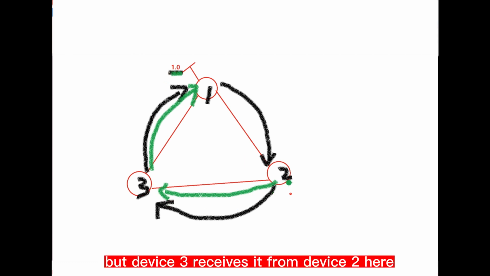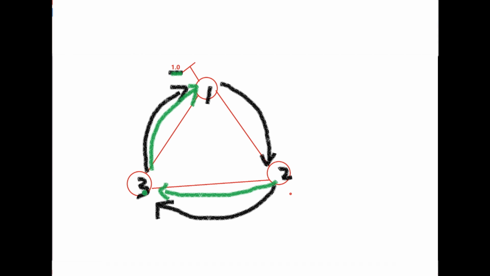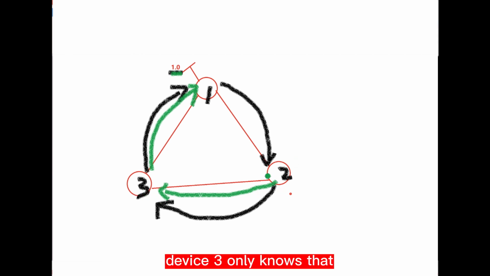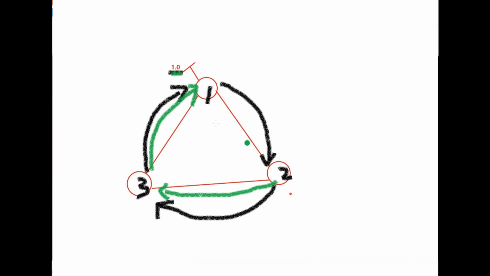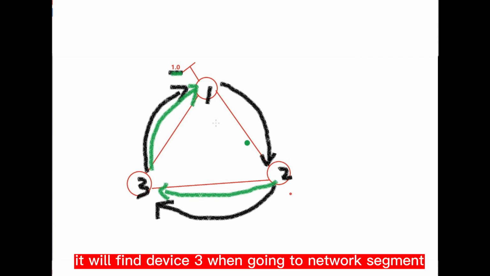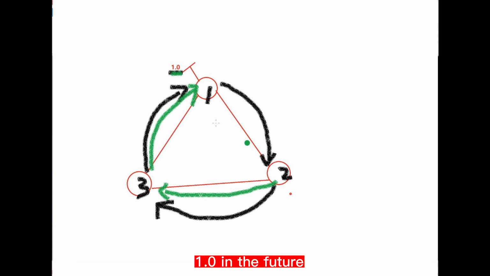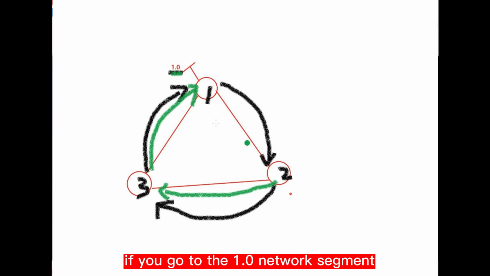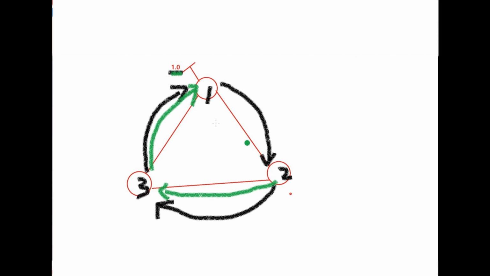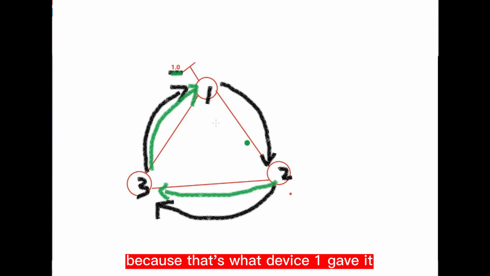But device 3 receives it from device 2. Device 3 only knows that it will go to network segment 1.0 in the future, so it will find device 2. Device 1 also knows that it will find device 3 when going to network segment 1.0 in the future. Then for device 2, in the future, if you go to the 1.0 network segment, you will find device 1, because that's what device 1 gave it.